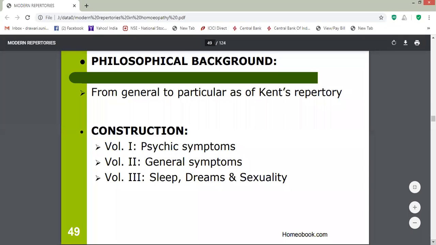And the sub-sub-rubrics are written in normal typography, not in bold and not in capitals. So in this way we can easily find which medicines or which symptom is most marked.